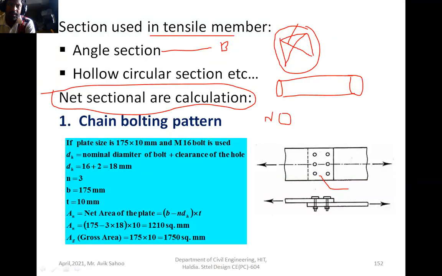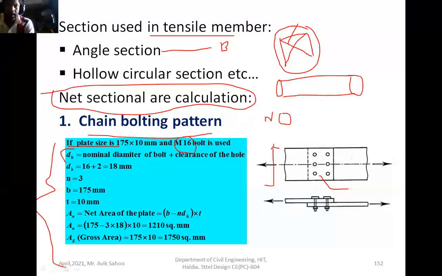Now in a chain bolting pattern, here an example is given to find the net area and gross area. If the plate size is 175 into 10 mm, where 175 is the width of the plate and 10 is the thickness, and we are using an M16 bolt, the diameter of the bolt is 16 mm.